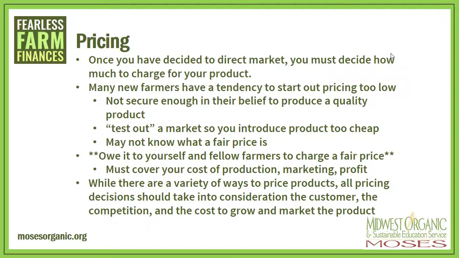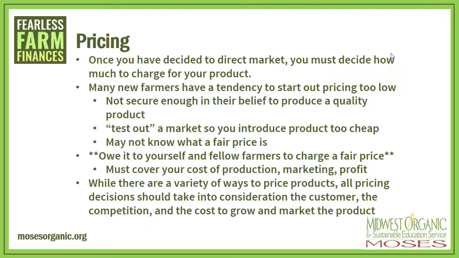So I just wanted to put a few plugs in here. Once you've decided to direct market, you must decide how much to charge for your product. And I put many new farmers, but many farmers have a tendency to start out pricing too low. There might be variable reasons for that. You're just not secure enough in your belief to produce the quality product that you're going to demand that people pay.